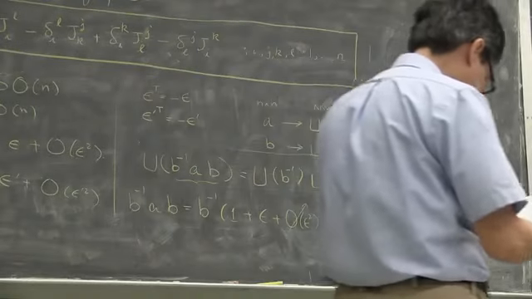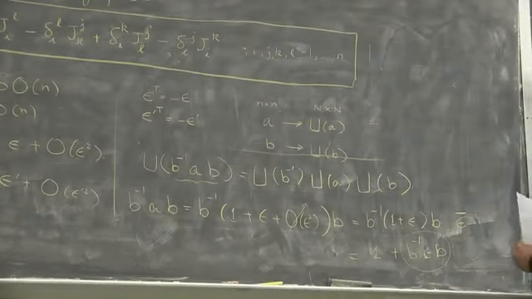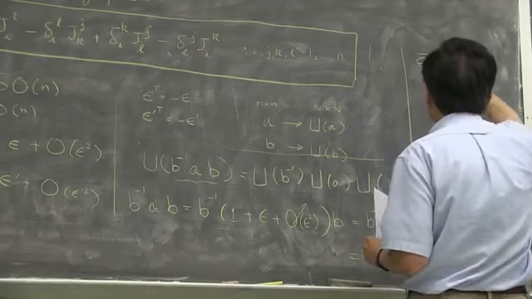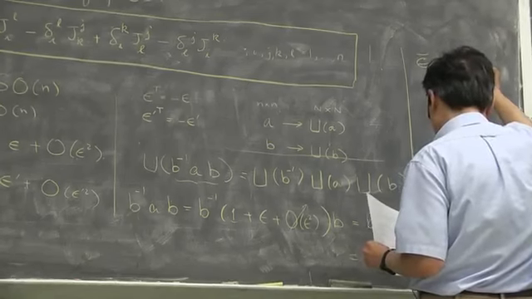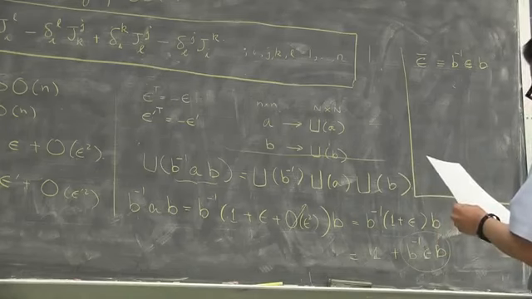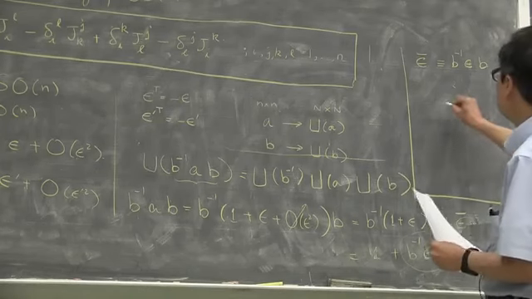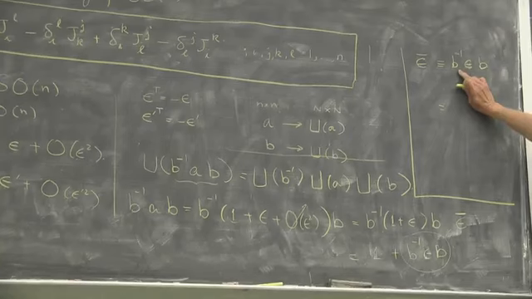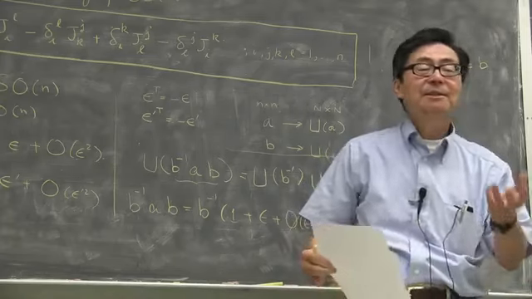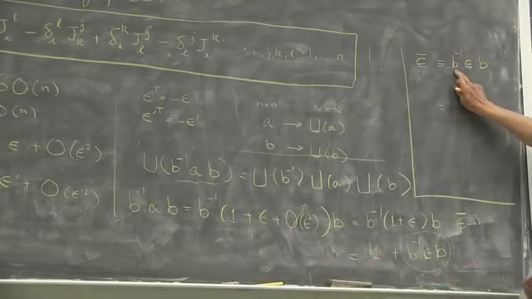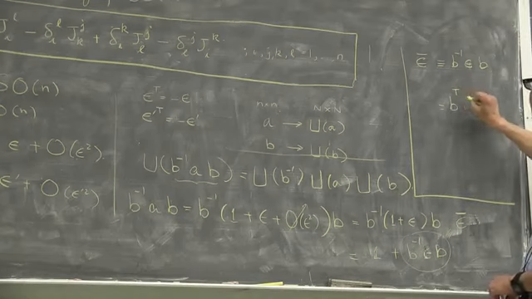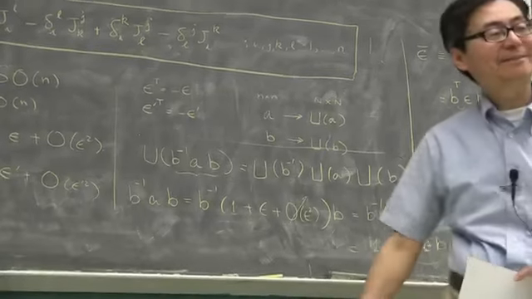So I have epsilon bar defined to be B inverse times epsilon times B. But I'm going to write this a little bit differently, taking advantage of the fact that B is in SO(n), therefore it's an orthogonal matrix. And if it's an orthogonal matrix, the inverse must be equal to its transpose, okay? So I can write it like this. That makes sense? Okay?